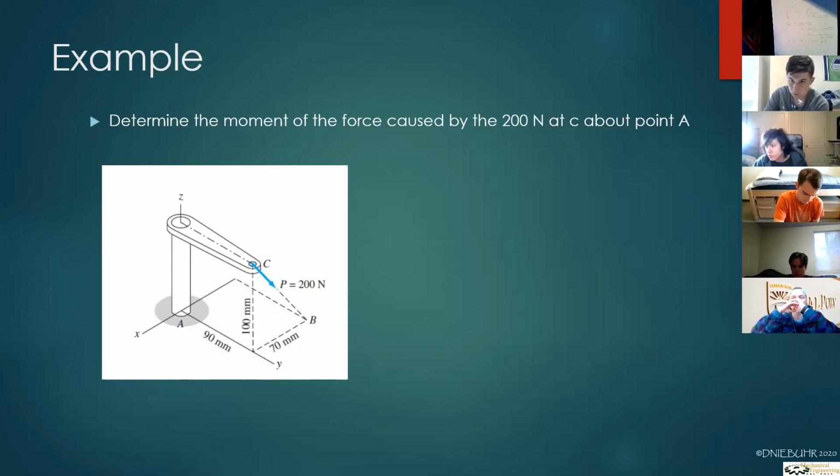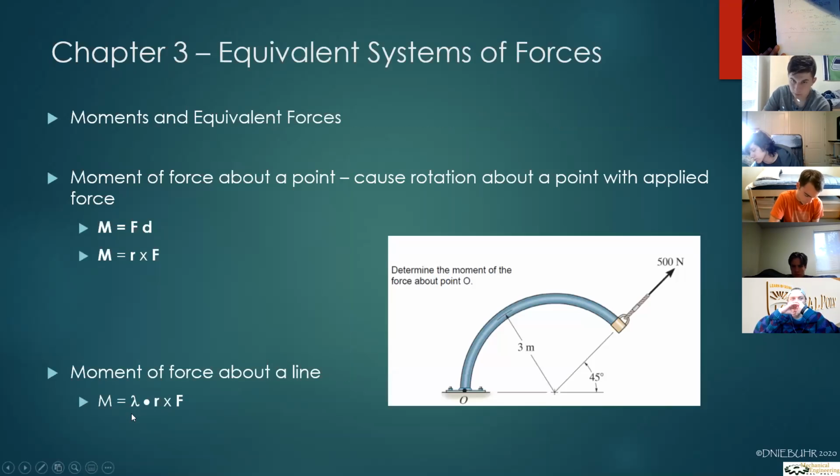I know we're almost out of time, but I just want to say one more thing. You will also be doing this week, before we talk next week, the moment about a line. The difference with moment about a point is that for a moment about a line you use this equation down here.